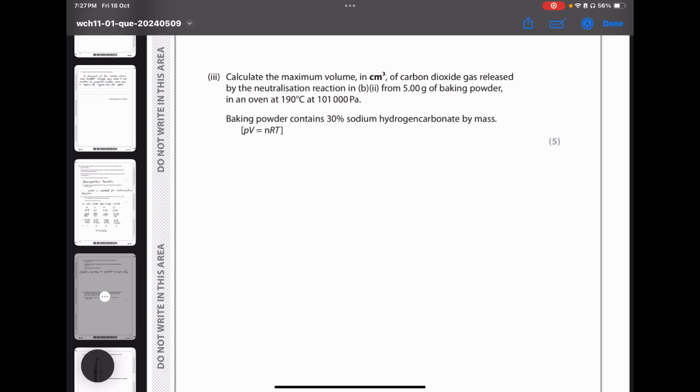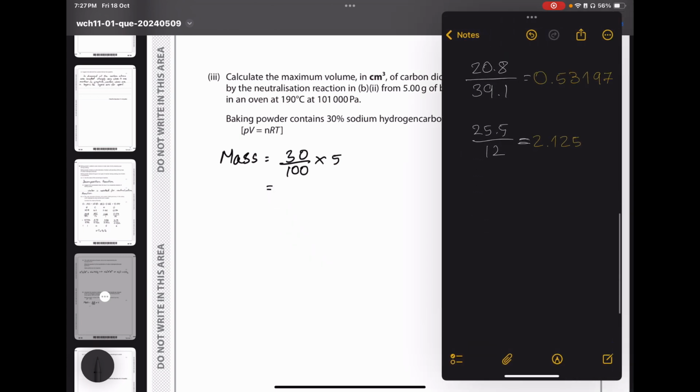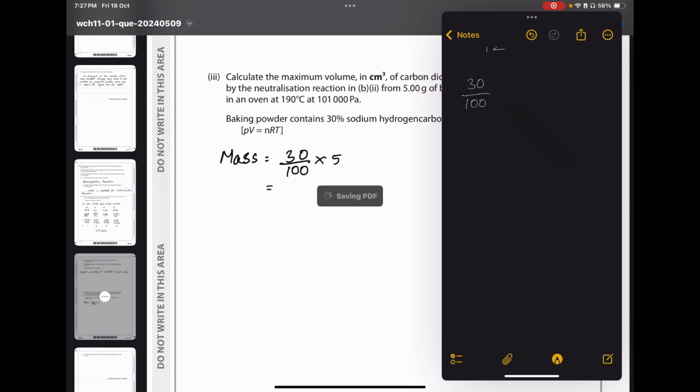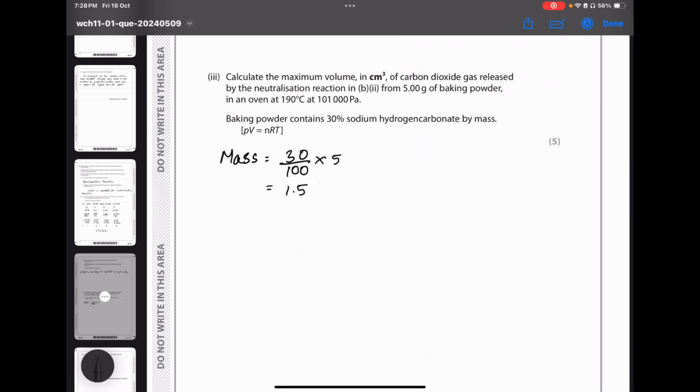Okay, so first of all, let's find the mass of sodium hydrogen carbonate. Mass is 30 by 100 times 5 gram, which gives us 1.5 gram. Okay, this is the mass of sodium hydrogen carbonate.